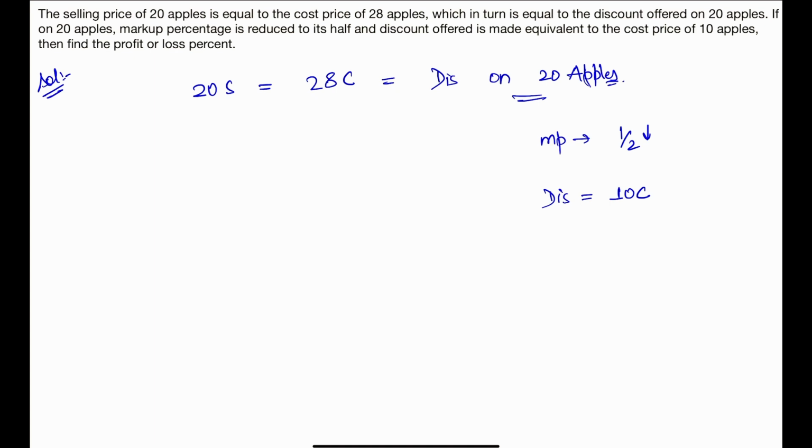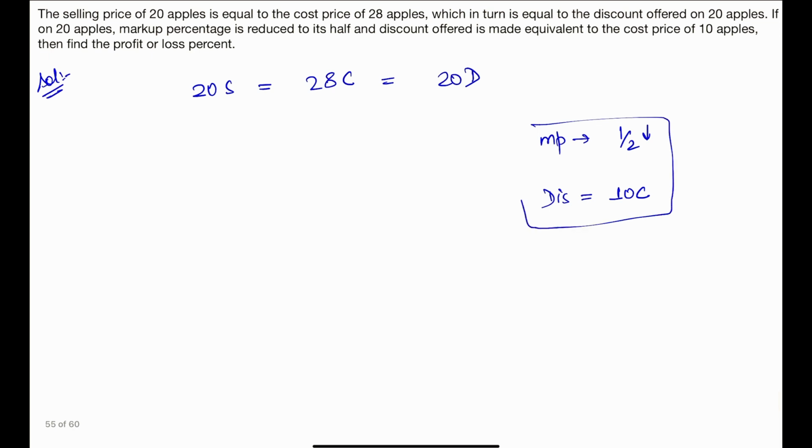Then find the profit percentage, which in turn is equal to the discount offered on the 20 apples. So let's think that if on one apple the discount is D, so it is equal to 20D. Okay, and this is the condition given to me.